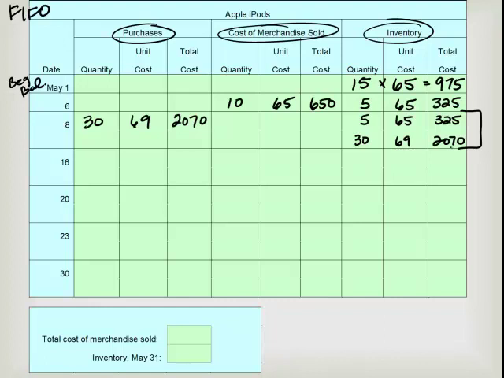I don't understand why you put the 2 rows of numbers in that last part. On the 8th? Well, because our ending inventory is made up of 2 different prices: what we paid $65 for and what we paid $69 for. So you have to keep them separate. If we just put 35 units, we wouldn't know which ones were 65 and which ones were 69.